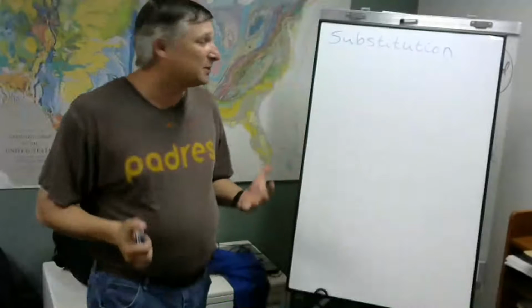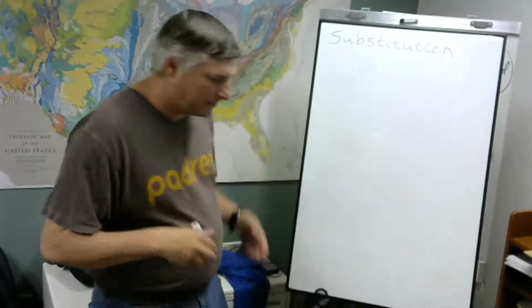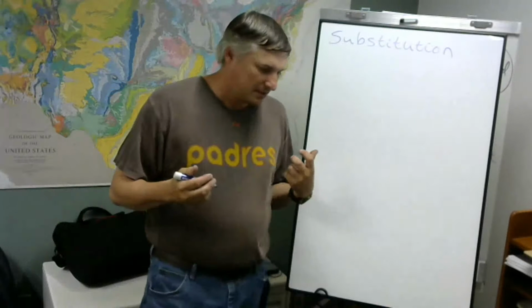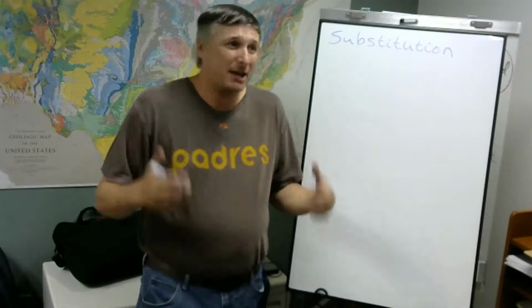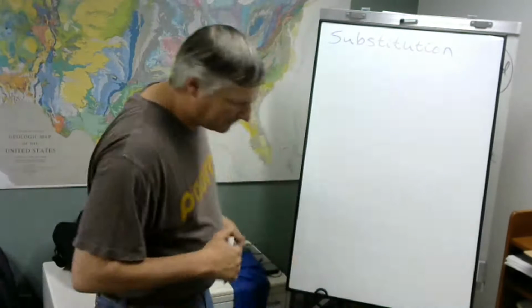Okay, so this next section is about substitution. And the way substitution works is we can take an equation that looks really unfamiliar and make it into a familiar equation. So let's start with something like this.